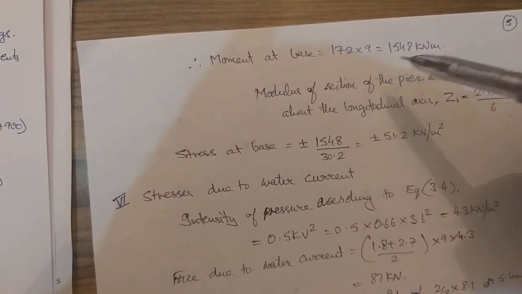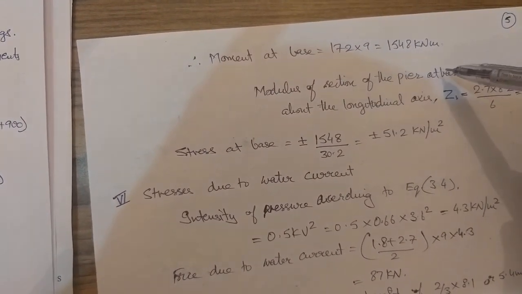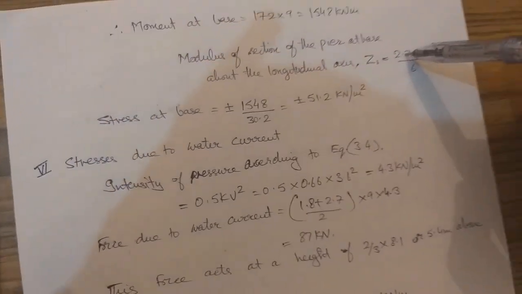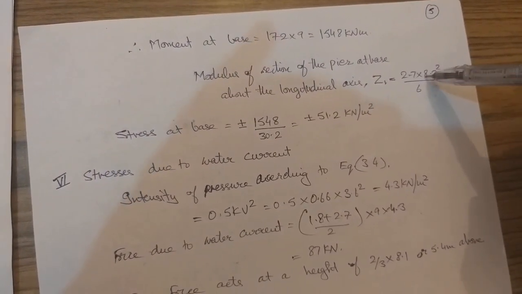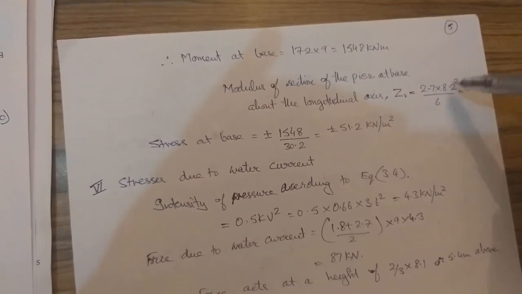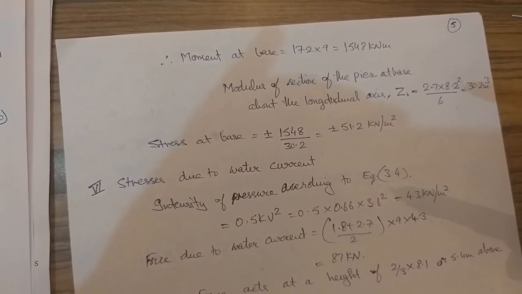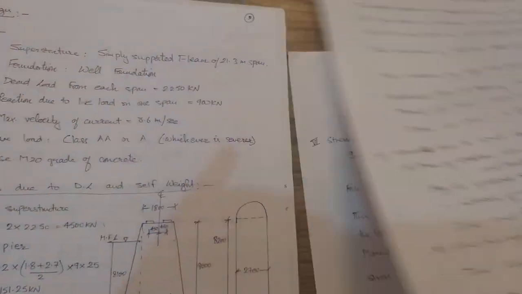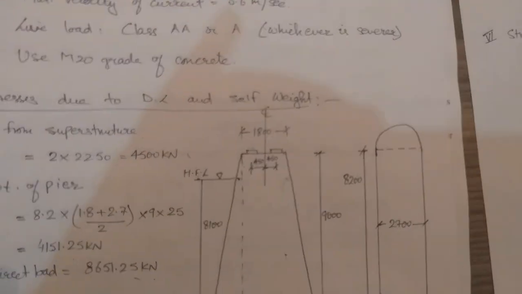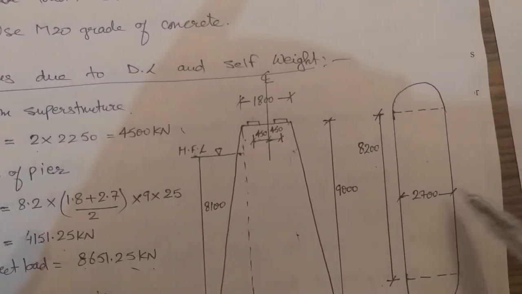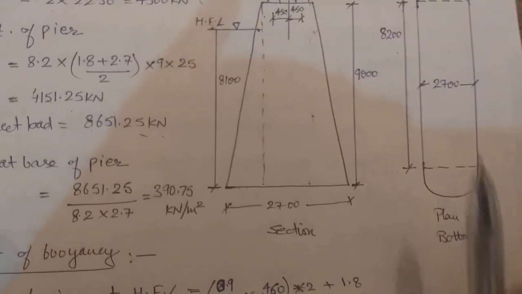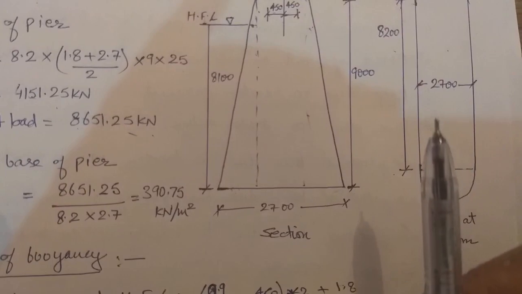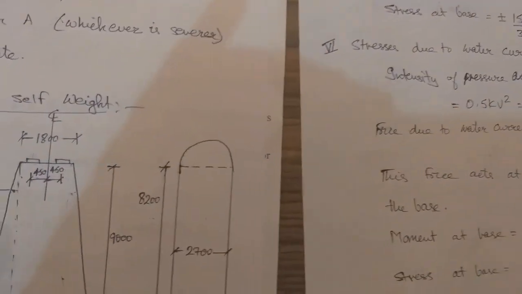In this case, the section modulus of the pier will use B as 2.7 and D as 8.2. This is according to the transverse direction which we have taken earlier, that is the longitudinal axis. When you go to the physical figure again, B will be this. So the wind is traveling in this direction. So, the longitudinal axis.